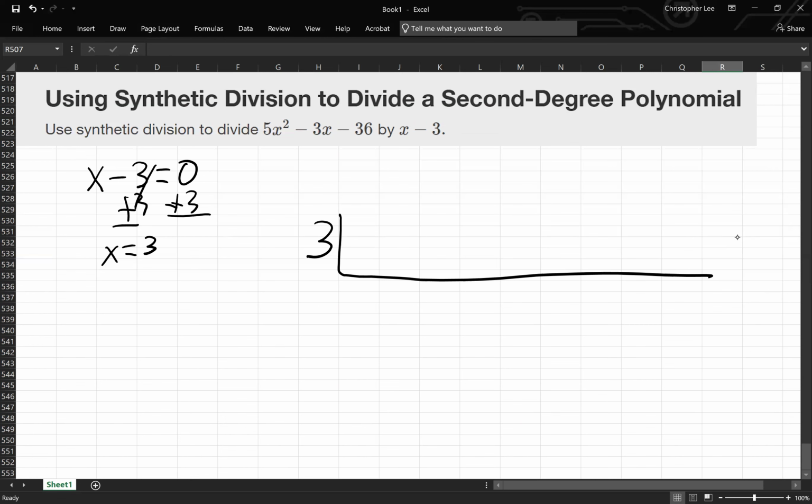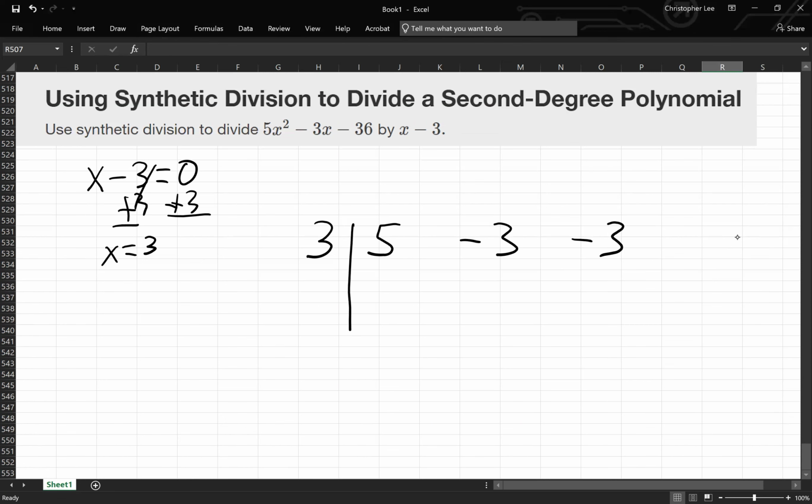So for x squared, I have 5, and I have negative 3, and I have negative 36. So first things first, bring down 5.